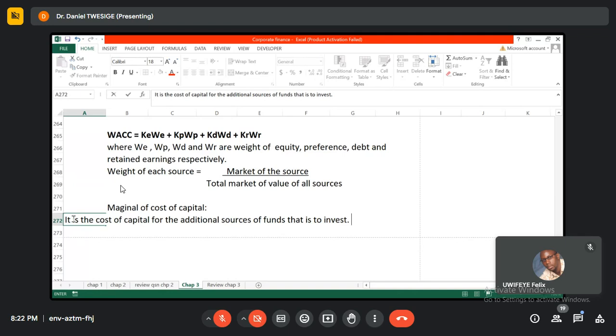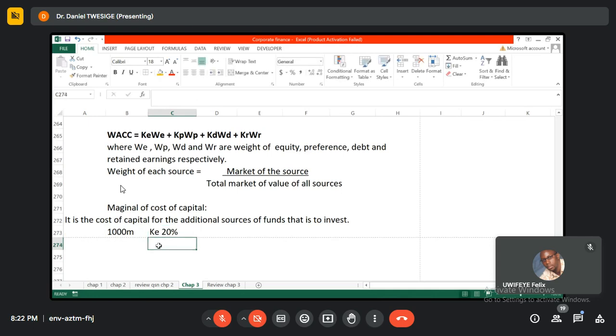For example, if I'm financing a business with 100 million and I'm going to issue another 20 million, what will be the cost? Is the cost going to remain the same? I've been financing a business using 100 million, and my cost of equity is 20%.